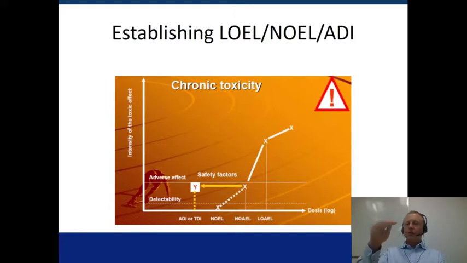So then if you carry on working your way up in concentrations, you'll hit a concentration at which you start to have adverse effects on health. And so that concentration, you go back one to the last concentration at which you didn't have an adverse effect on health, and that's the NOAEL, the no observable adverse effect limit.